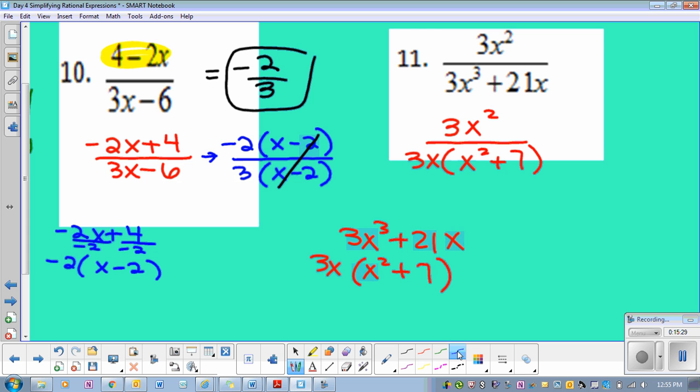What can you cancel out? 3x. And then the x's, you got 2 on top, 1 on the bottom, right? So then this turns into x over x squared plus 7. Okay?